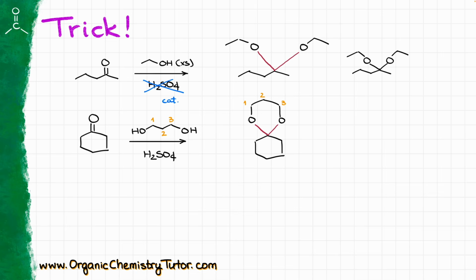So now, if I redraw it a little bit nicer, I have my bottom ring, bond, bond, oxygen, oxygen, and then carbons 1, 2, and 3, just like that, and here we have our product.